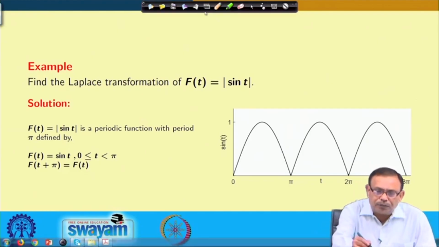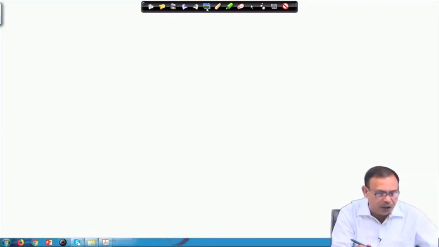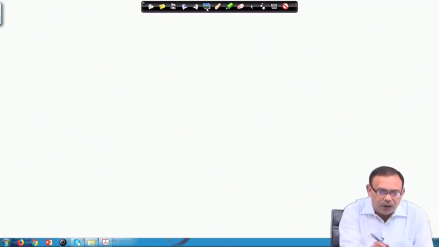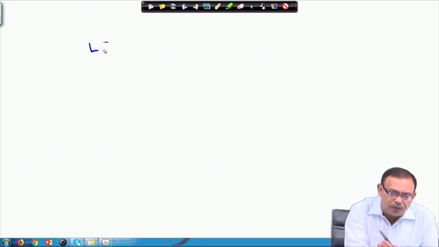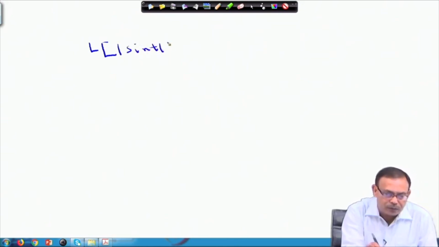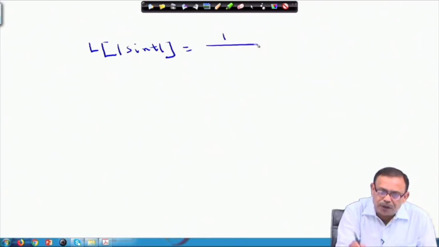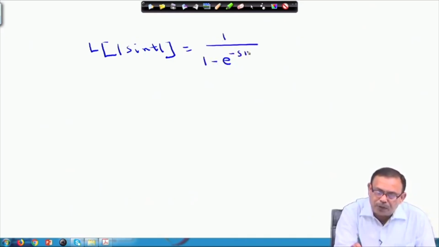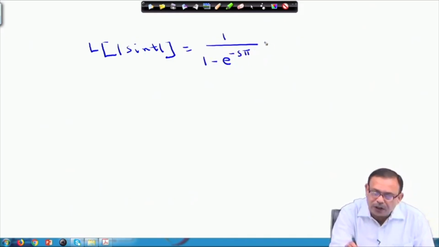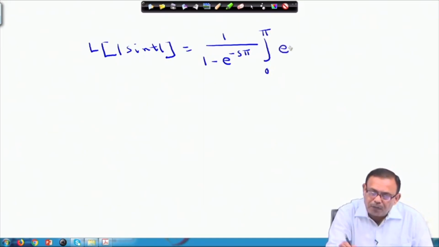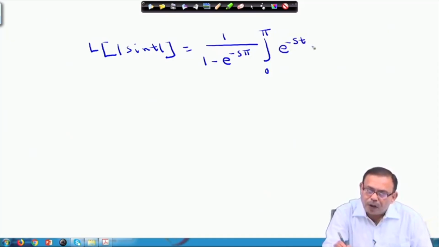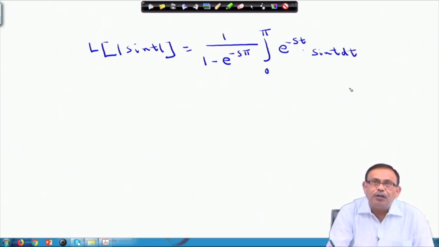So, let us see the solution process for this function. We can write the Laplace transform of modulus of sin t, using the formula I just stated, as 1 by 1 minus e to the power minus s pi, because pi is the period of the function, times the integral from 0 to pi of e to the power minus s t into sin t dt.